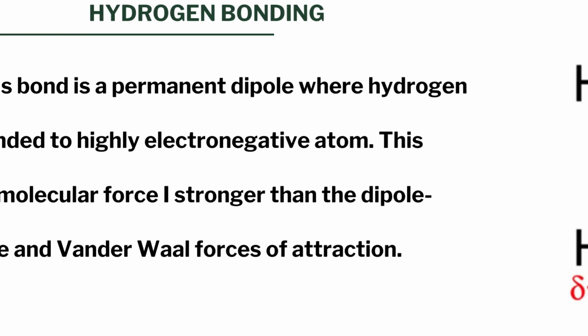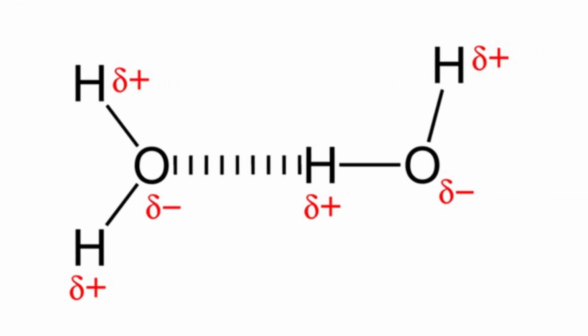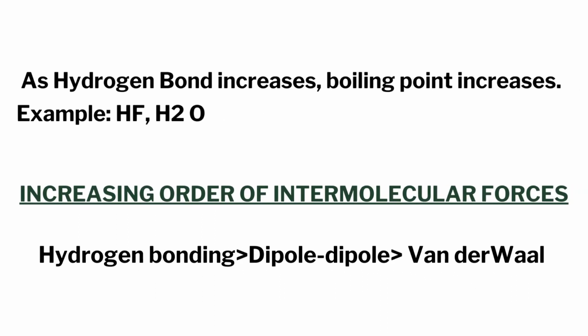Examples are water and HF. It's hydrogen bonding that helps us to explain the boiling point of water. Are we getting? As hydrogen bonding increases, boiling point also increases. So the increasing order of intermolecular forces is: hydrogen bonding is greater than dipole, and dipole is greater than van der Waals force.